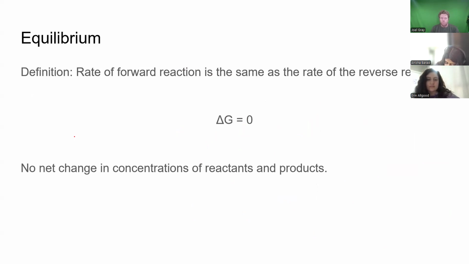Now, when we think about chemical reactions, it's also very important to think about equilibrium. We've got a definition for equilibrium: the rate of the forward reaction is the same as the rate of the reverse reaction, and there's no net change in concentrations of reactants and products.